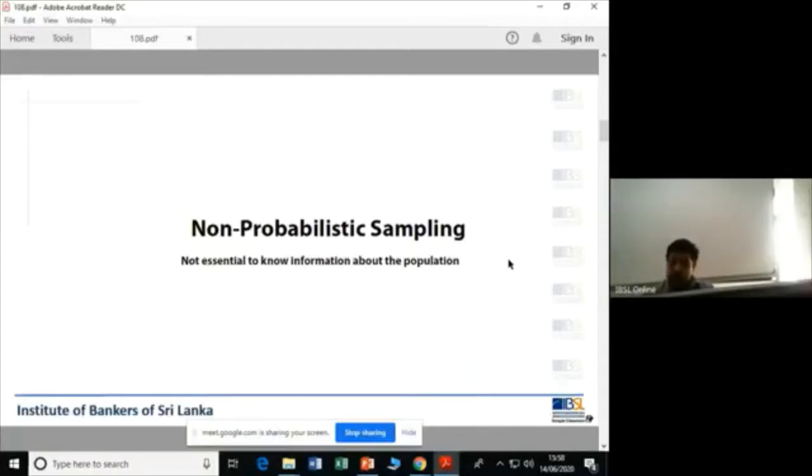For example, instead of the 75 students example, let's try to assess the mathematics knowledge of the A-level students who are just completing their advanced level examination this year.